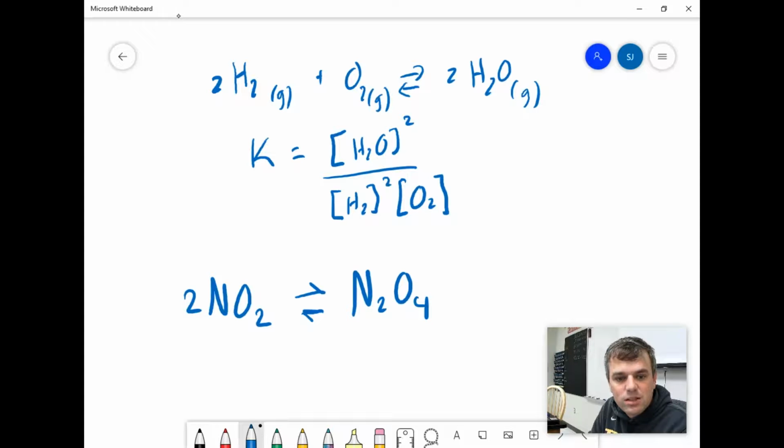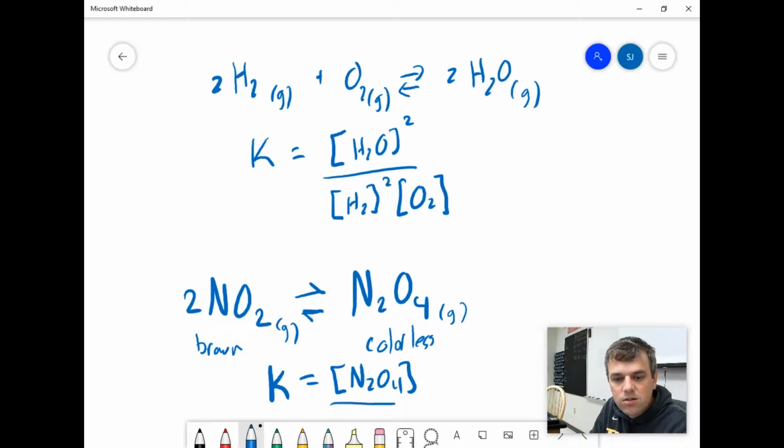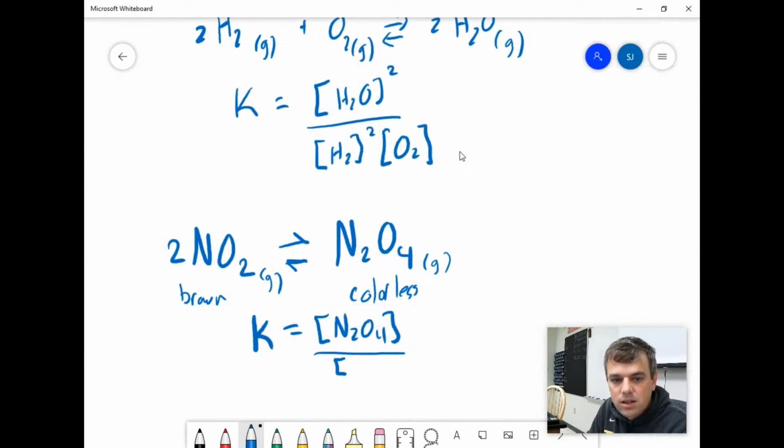For this one, nitrogen dioxide is a brown gas, and dinitrogen tetroxide is a colorless gas. The equilibrium expression says that K equals the concentration of N2O4 divided by the concentration of NO2 squared.